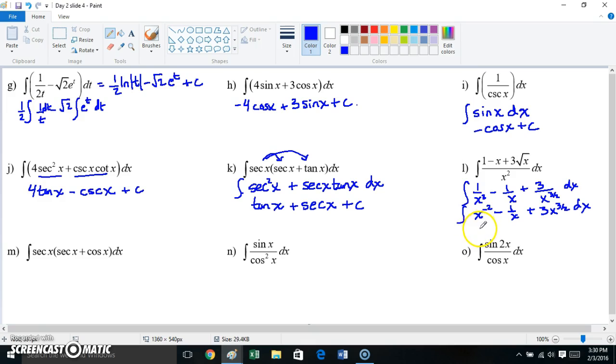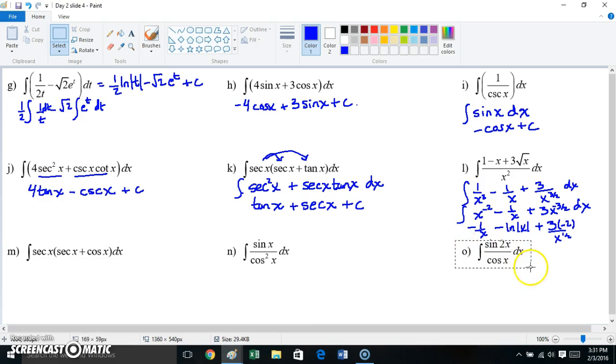Okay, so we're going to get negative 1 over x minus the natural log of x plus, that should be a negative exponent, 3 times x to the negative 1/2, and then we're dividing by negative 1/2, which is the same as multiplying by negative 2.